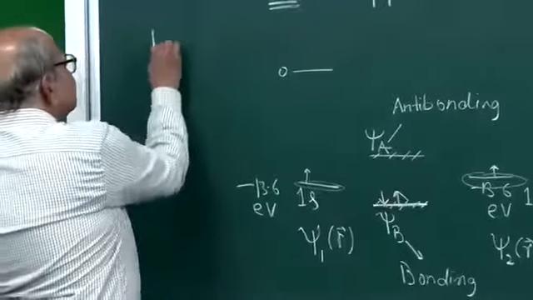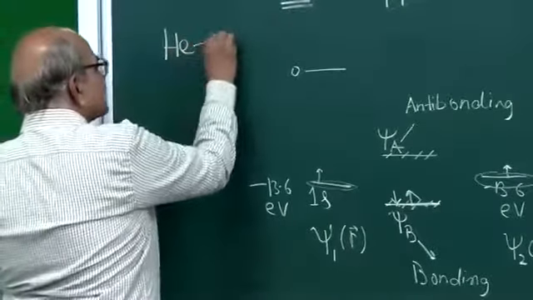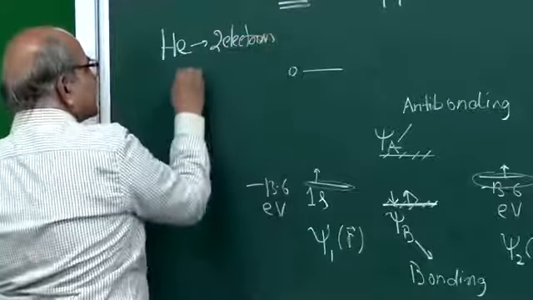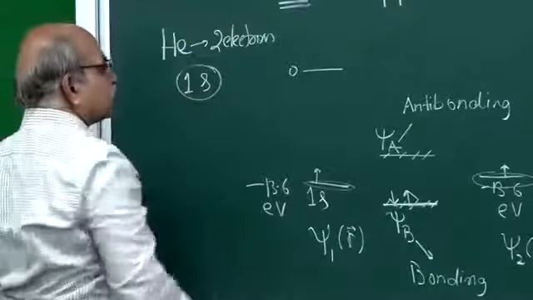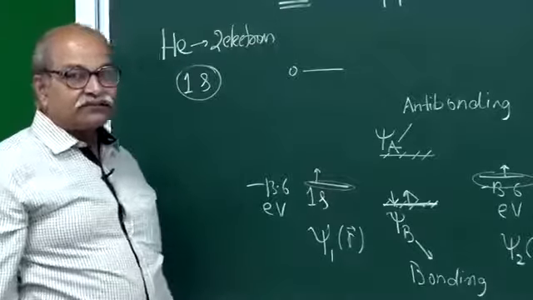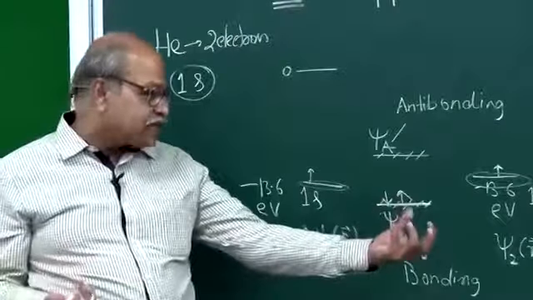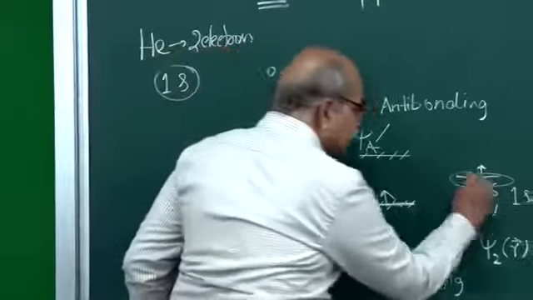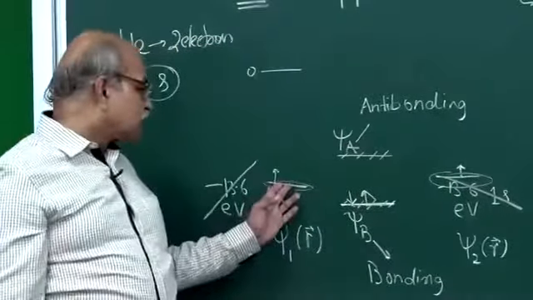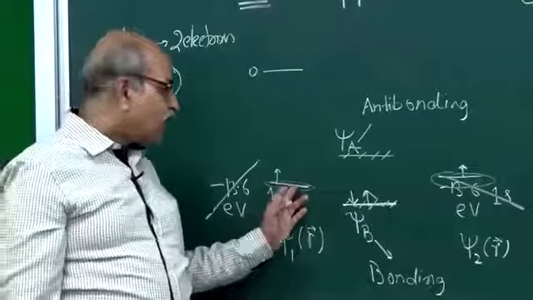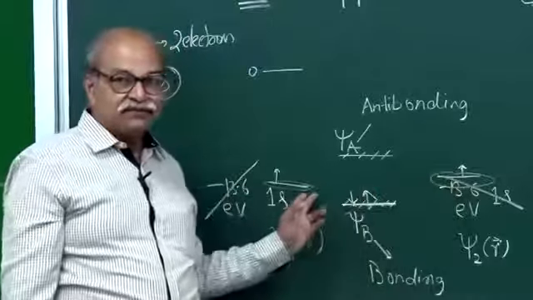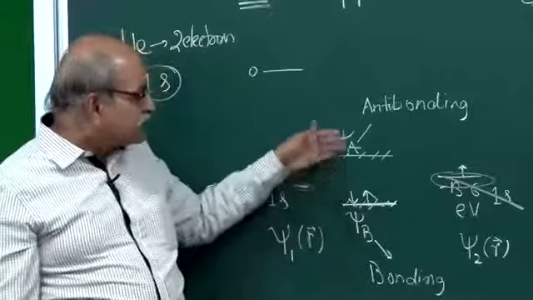In helium you have 2 electrons, and both electrons are in 1s. So if you have 2 helium atoms, you have 2 electrons here and 2 electrons here, 4 quantum states, 4 electrons, and the splitting is there.